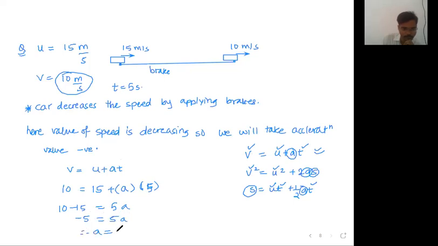Therefore acceleration is equal to minus 1 meter per second square.